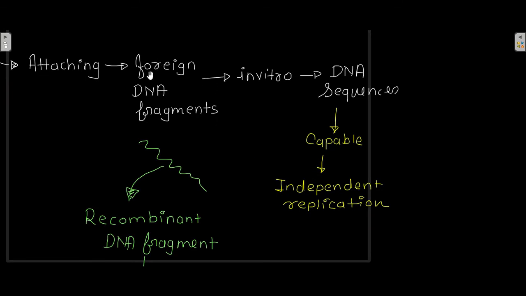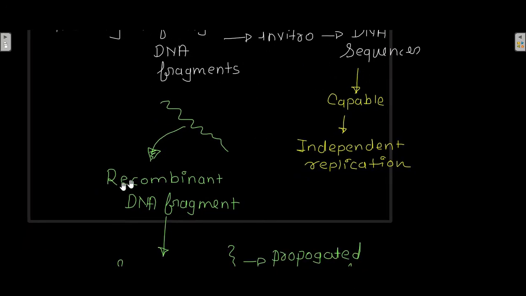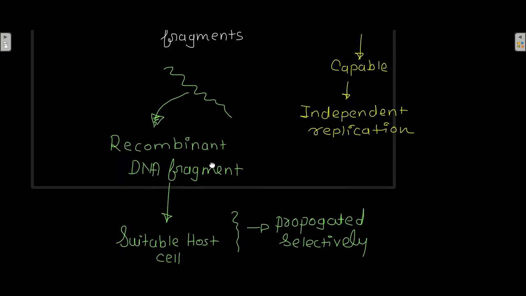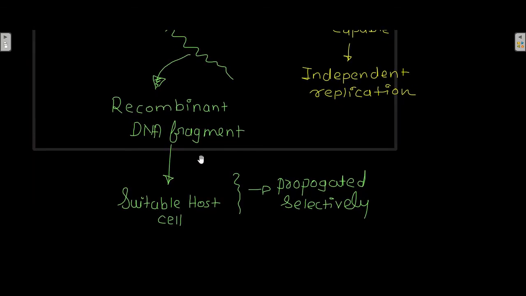Now, when this foreign DNA fragment attaches with the DNA sequence that is capable of independent replication, the product you get is called a recombinant DNA fragment. This recombinant DNA fragment is then transferred into a suitable host cell where it is propagated selectively. This is how cell-based DNA cloning works.